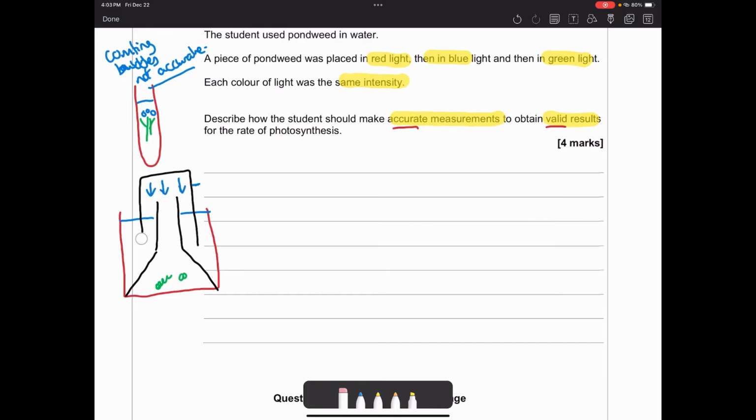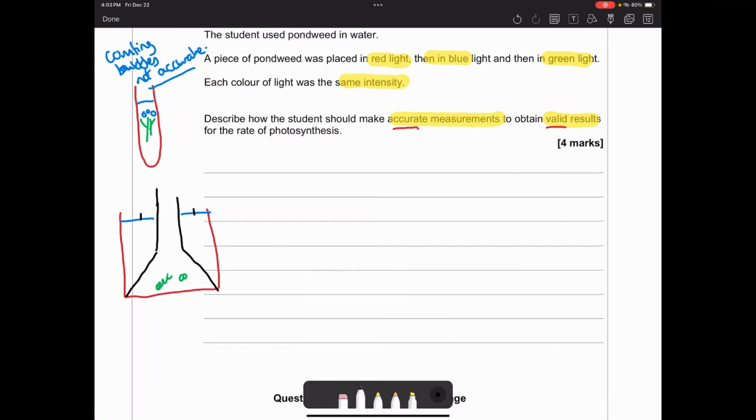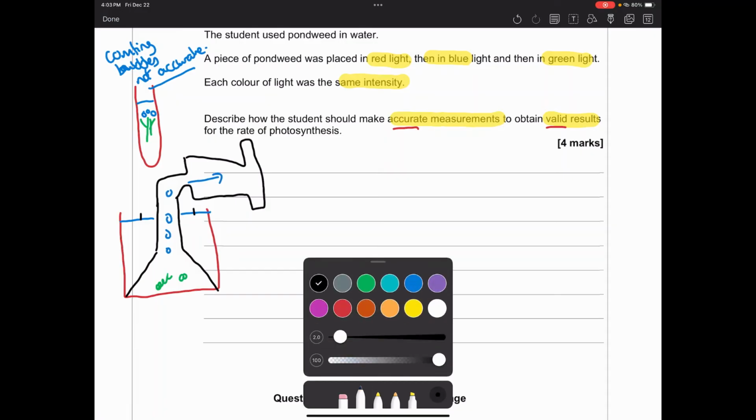The other way of doing it is not to bother with a measuring cylinder, but just simply attach it to a gas syringe. So you would just have connected to your funnel a gas syringe, which can then be used to simply measure how much gas is being produced. As the oxygen bubbles from your pondweed are being made, it pushes back your gas syringe and you can just record that scale.